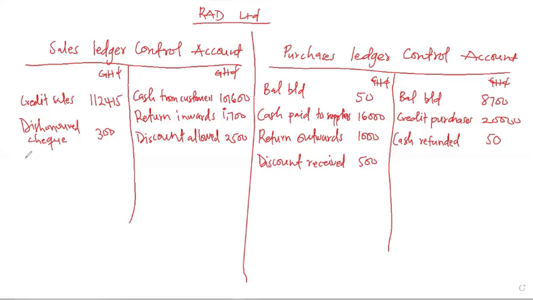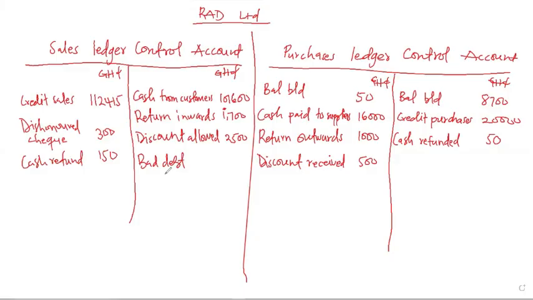So we come here and say cash refund. Cash refund is 150. Okay. Then we have bad debt written off. So when there is a bad debt, it decreases the debtors account.